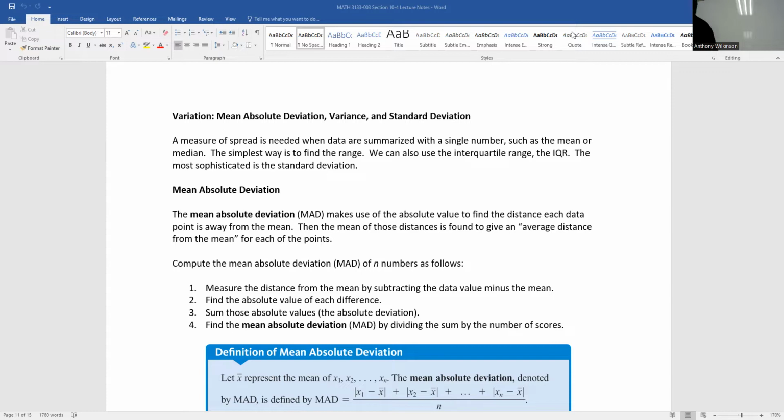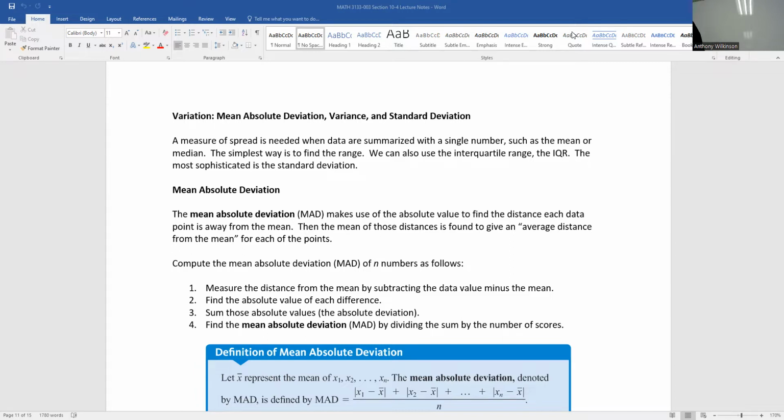So first of all, we're going to talk about the mean absolute deviation, and then we'll go into standard deviation. We'll also end this section with normal distributions, or the normal curve, some applications of the normal curve, and percentiles.